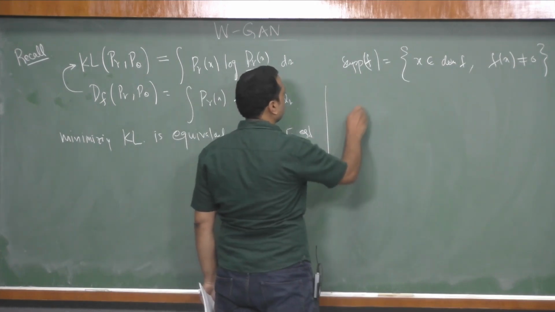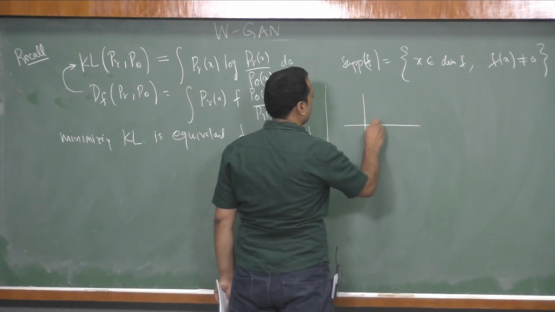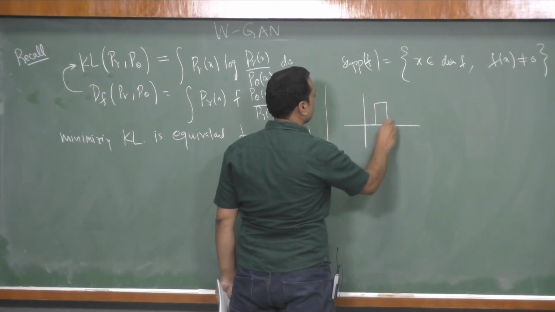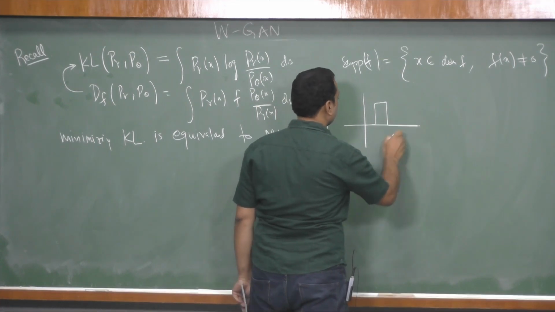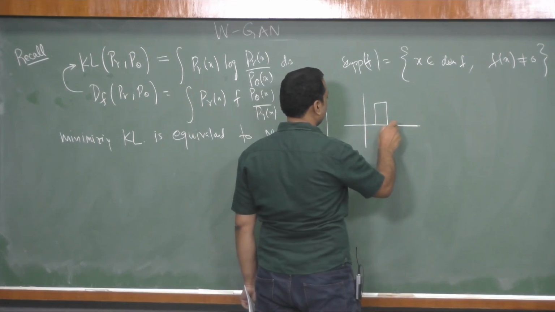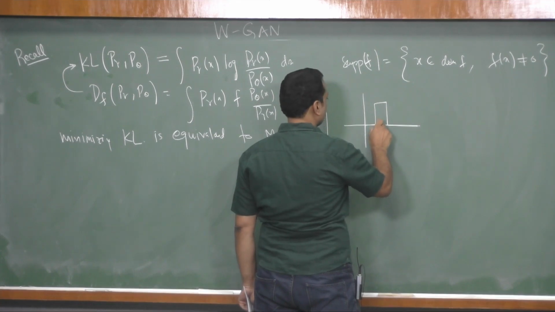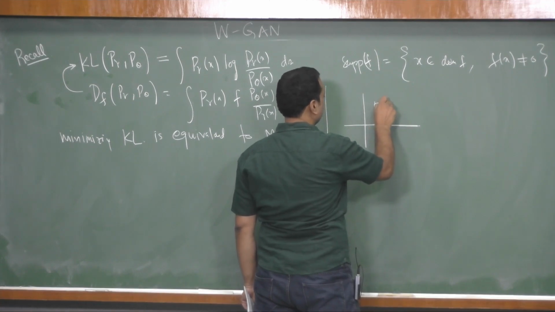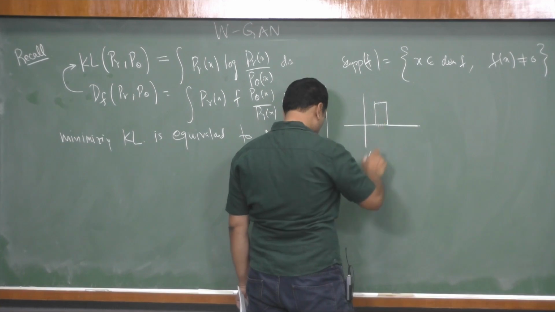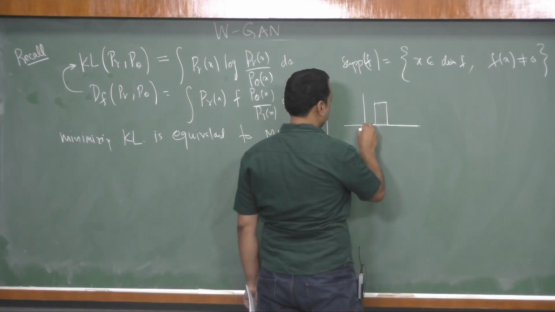Graphically, we can think of the probability distribution P like this, and these are the values for which P is defined, but then I can have another probability distribution like this.